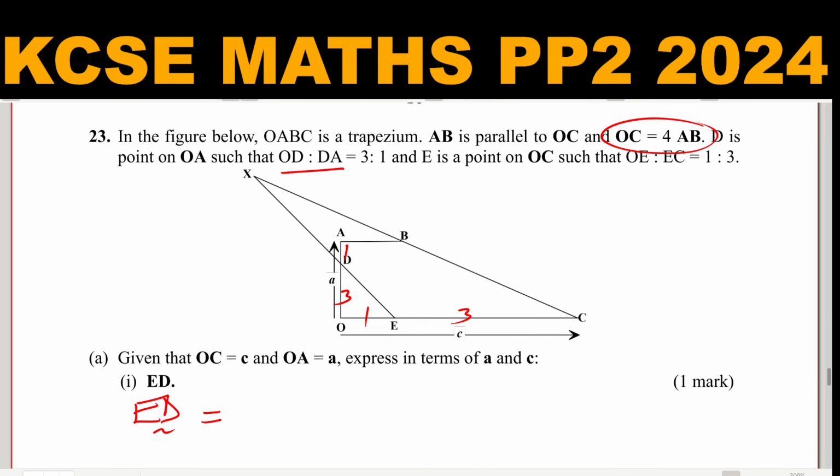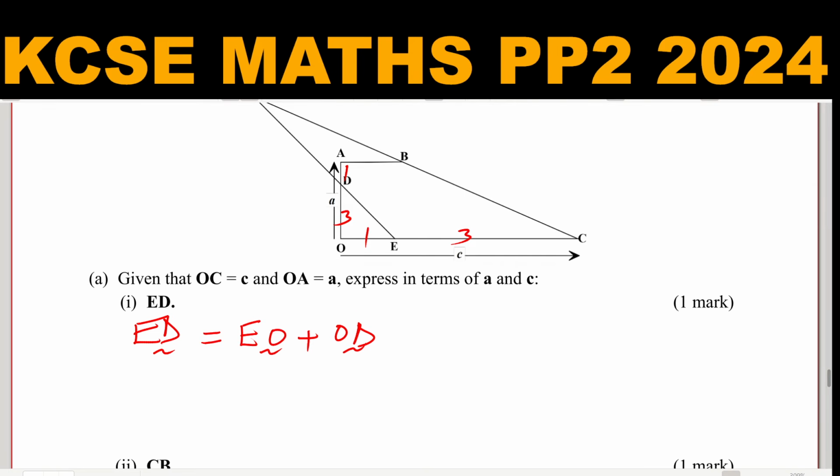You follow this route from E to O, then from O to D. EO, look at the direction of C. Moving in the opposite direction, that will be negative. Then OE is the fraction of that line, looking at the ratio 1:3, that will be 1/4 of OC. The negative is there because we're moving in the opposite direction, E to O.